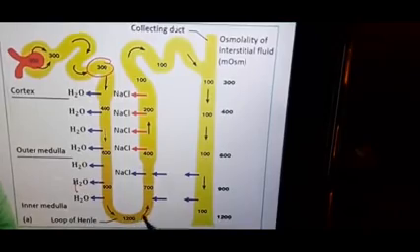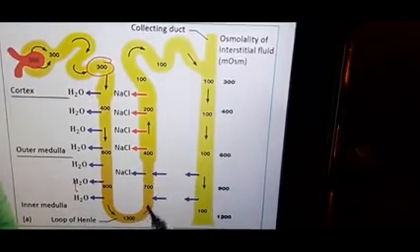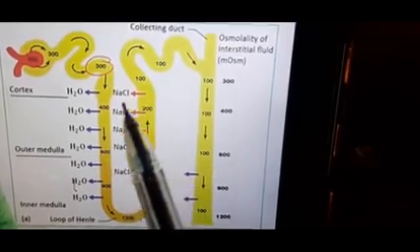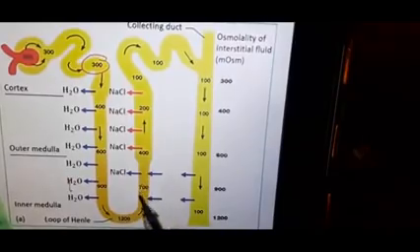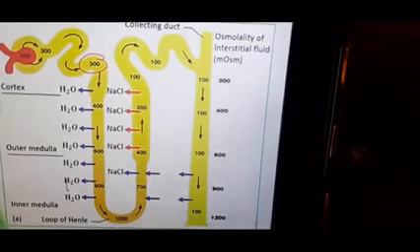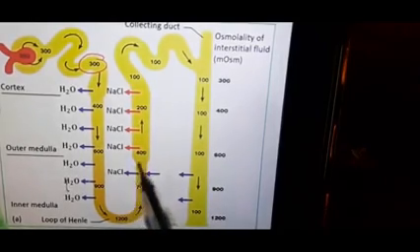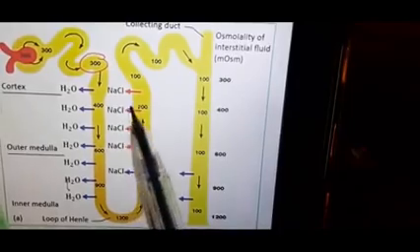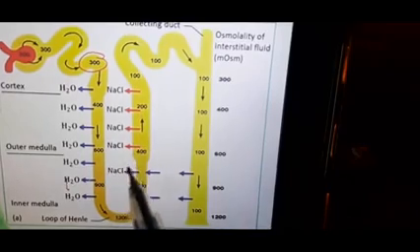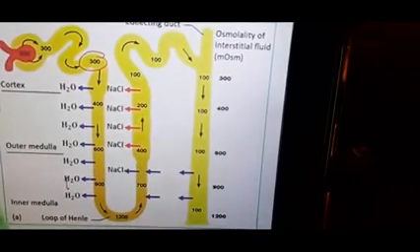And then when this fluid passes into the ascending loop of Henle, NaCl is coming out from here, and osmolarity goes on becoming lesser and lesser, because this part of the loop of Henle is permeable to NaCl, sodium and chloride ions.